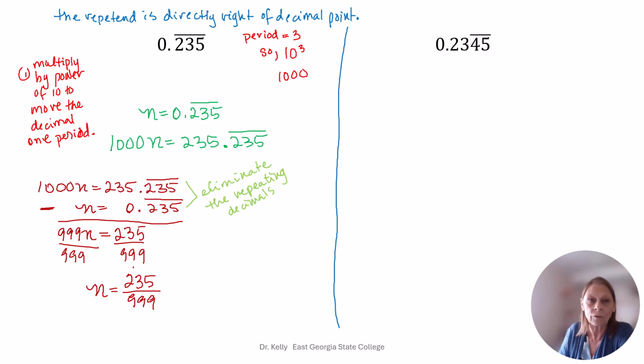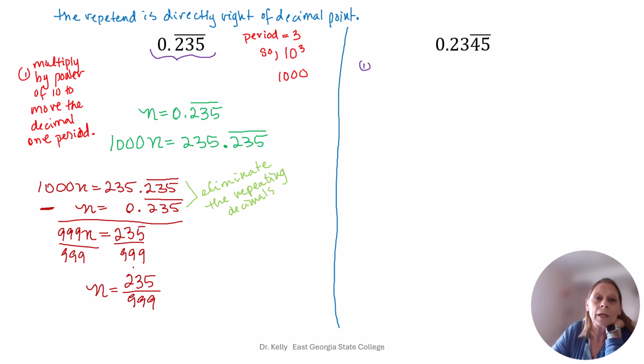All right, now this one's a little bit different. You have to notice that over here on the left, the decimal point was right here, and then the repetend started. But here we have 2 spots before the repetend.